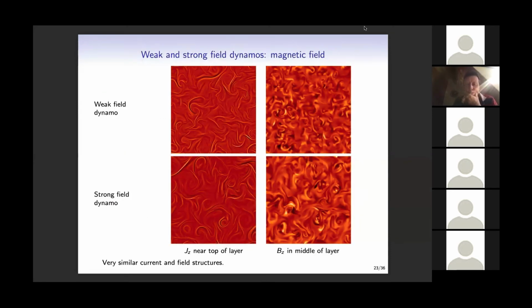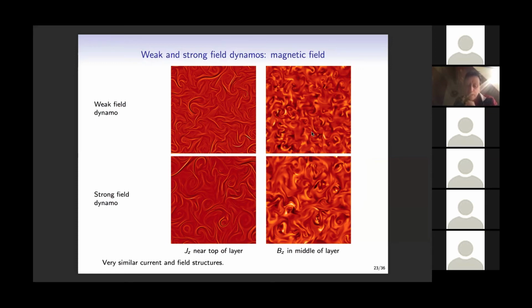Just let me say this quickly, so I don't run out of time. It relates to something that I said earlier. The actual field looks quite similar in these two cases for the weak and the strong.